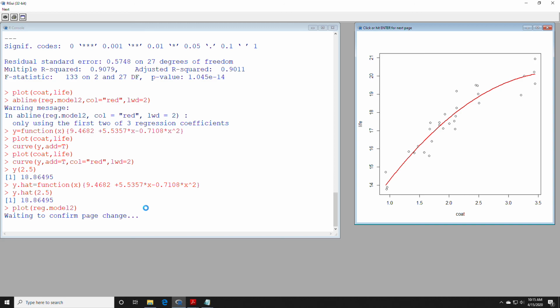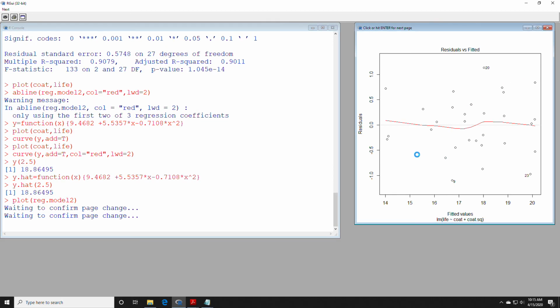The first time you have to click, and let's see, maybe we have to click the graph. It's been a while. Okay, you have to click the graph. That's another reason it could confuse you. If you start clicking over here, you're going to have no idea what's happening. You actually have to click the graph. If you haven't done that before, it would be very easy to think that R is frozen on you.